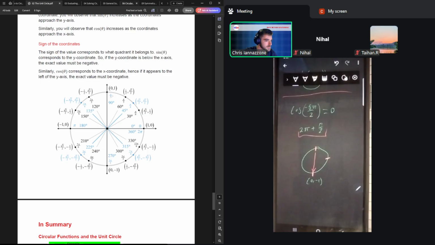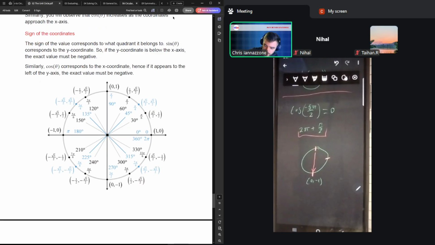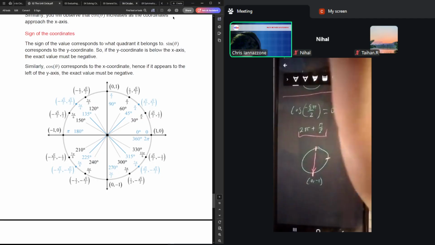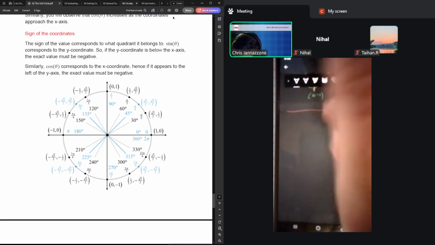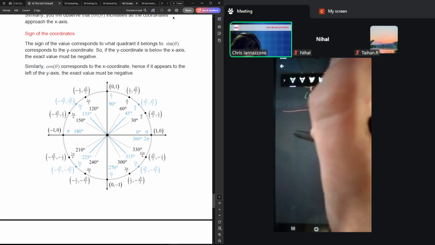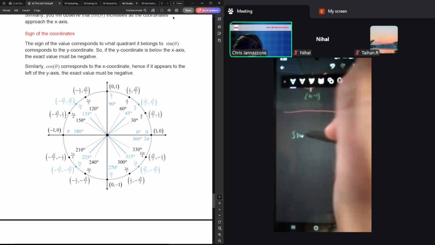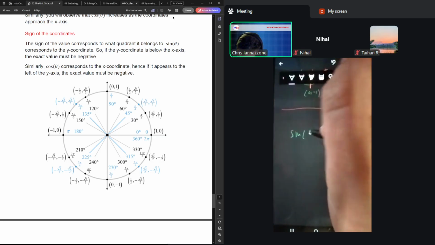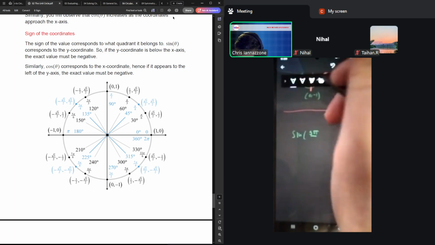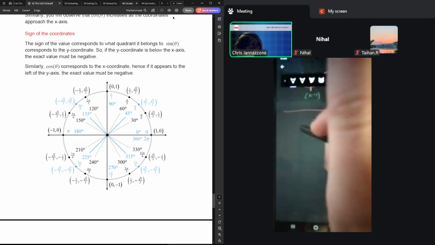So I'll pull up the unit circle for reference, and I'll just make one up that we'll try to solve. We'll do it for 0 to 2 pi again, so one full revolution, keep it simple. Let's do sine of, where do I want to go? Let's try 5 pi over 3. Oh, what am I saying? Okay, let's change that again.